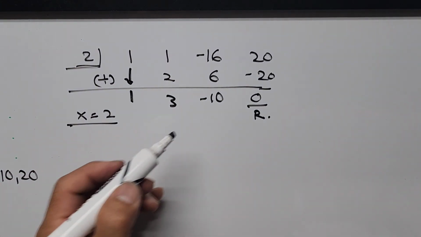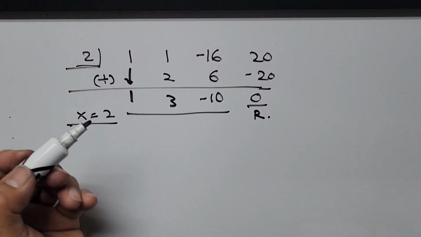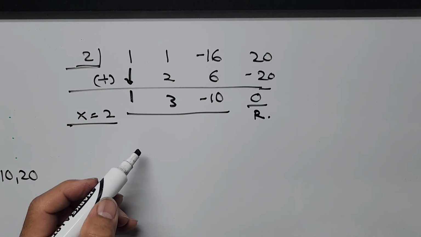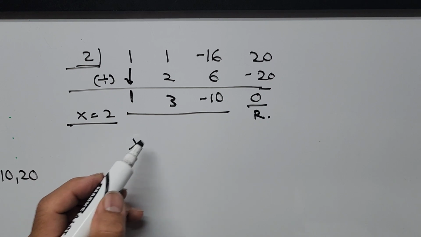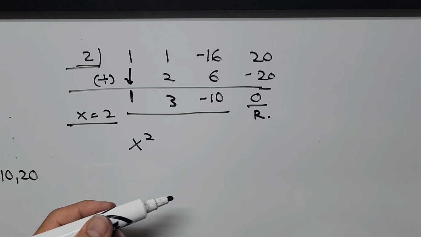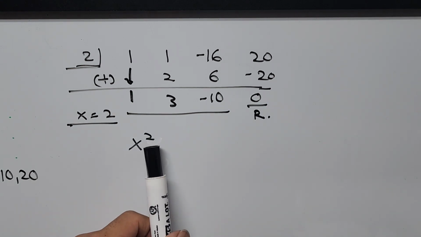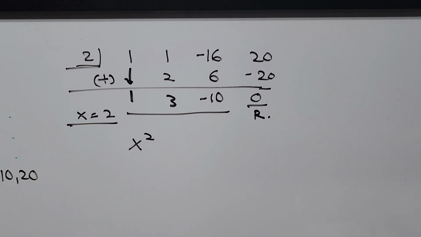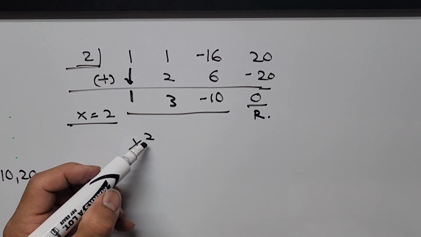So next, we'll be taking this group of coefficients. 1 is the coefficient of the first term on the left, and we have x squared. So we're going down from cubic to square, 1 degree below the original cubic equation. Degree 3 now becomes degree 2.